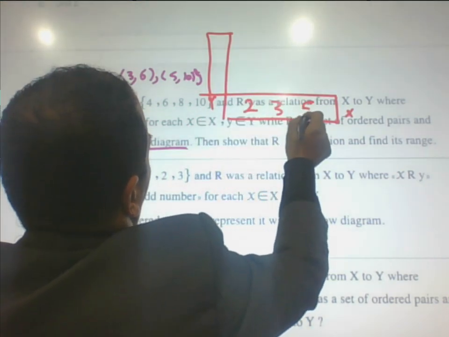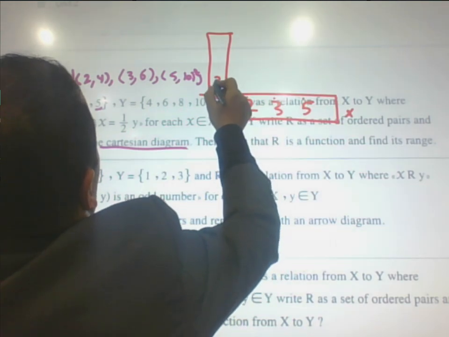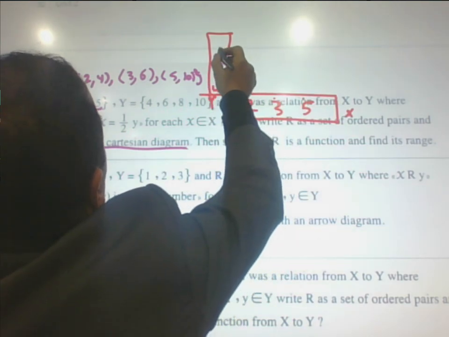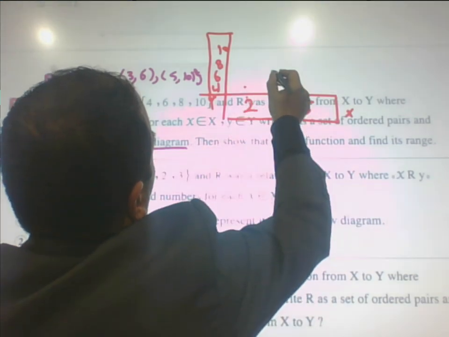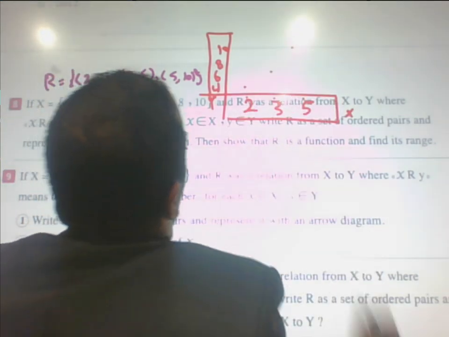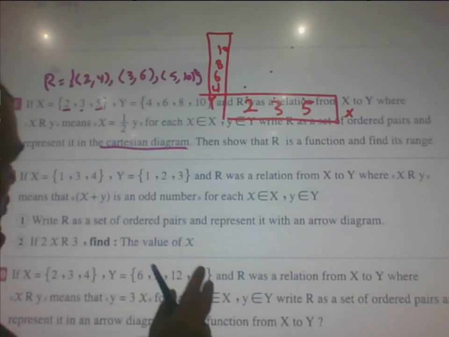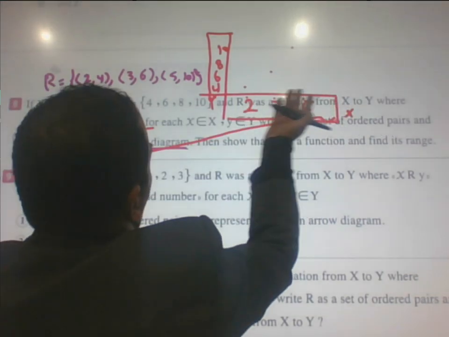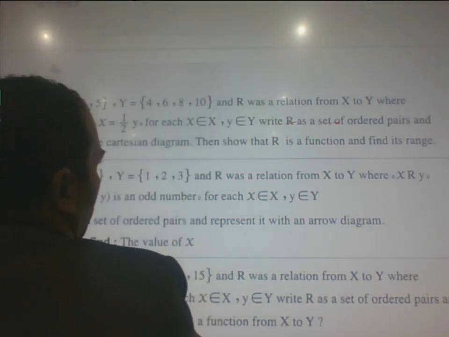The elements of Y: 4, 6, 8, and 10. 2 half of 4, 3 half of 6, 5 half of 10. Okay, this is the relation between X and Y. R is a function because each element in X has only one image in Y, in R. Okay, we call it a function, the relation here is a function.